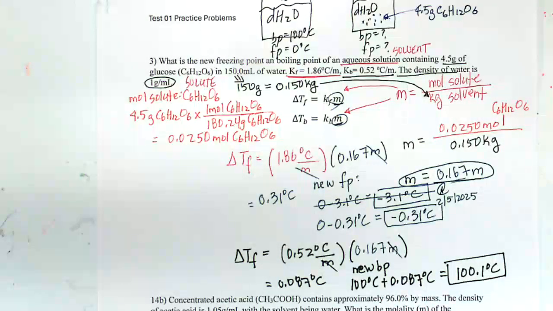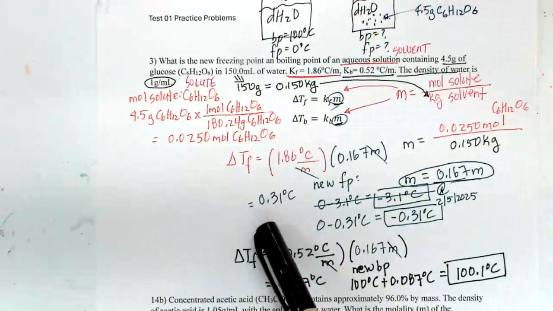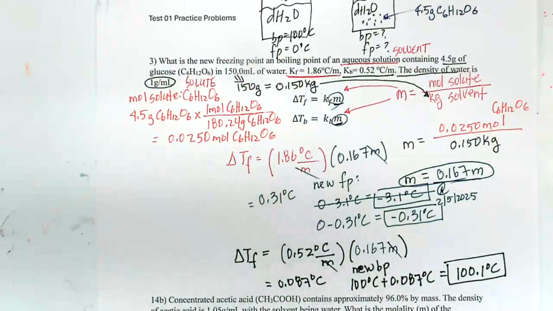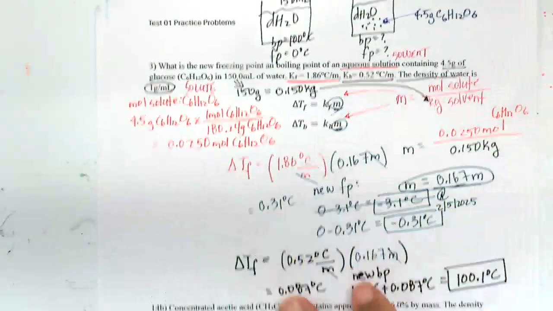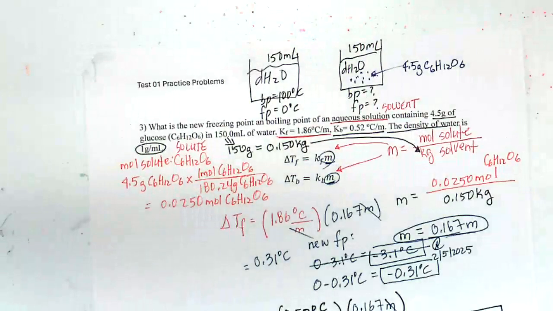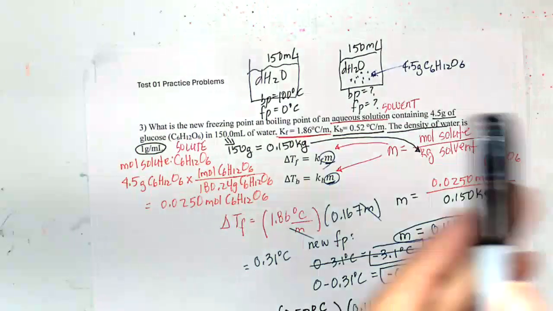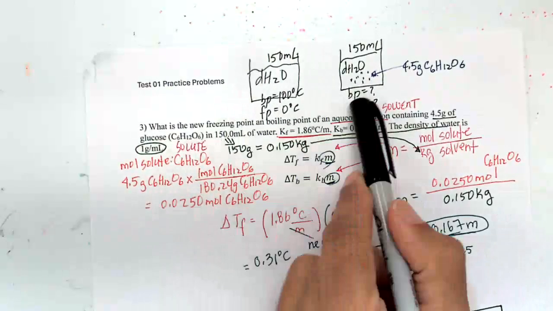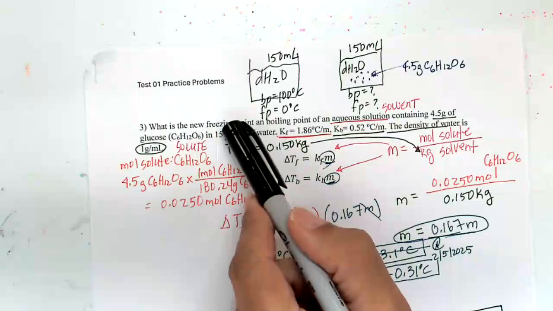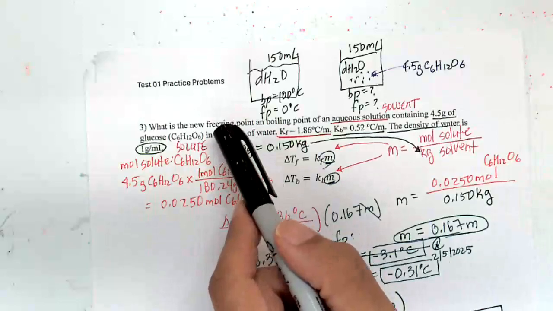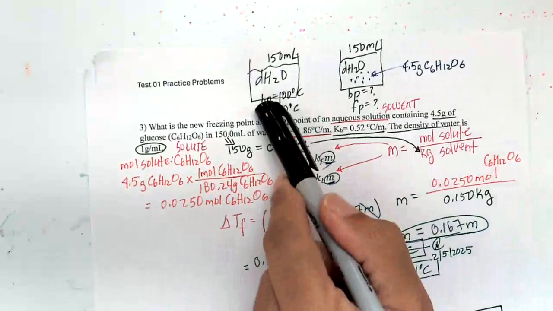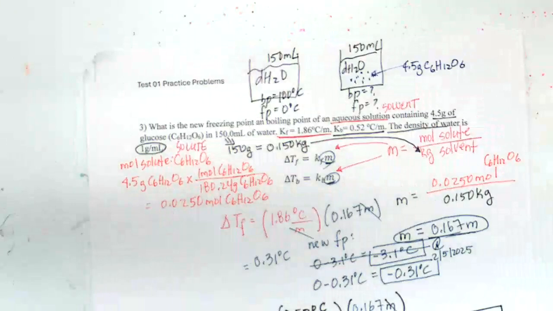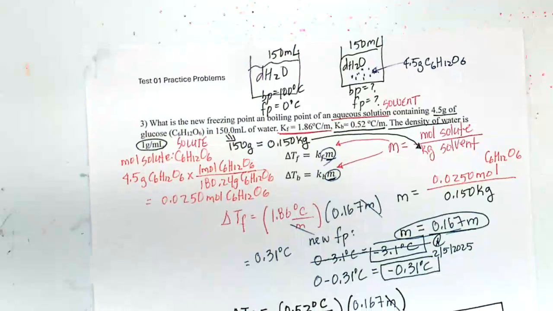But one thing you should know: for freezing point, you subtract, and for boiling point, you add. And the solvent is water. If the solvent is something else, you don't just subtract from 0 or add to 100. I only did that because it's water. If the solvent is something else, you add here and subtract there from whatever the boiling point and freezing point is.